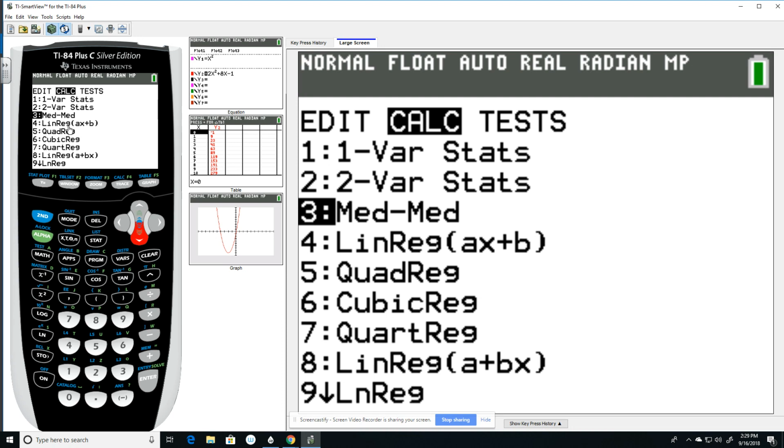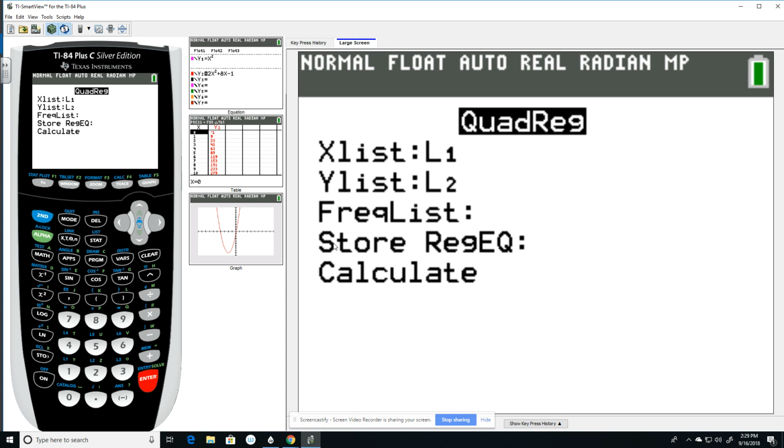A linear regression, which we can't do because we don't have a linear function. We have a quadratic function, which is right here. Number 5, quadratic function. So I'm going to select that I want it to calculate the quadratic regression that matches those numbers.